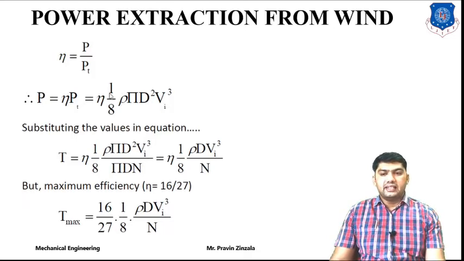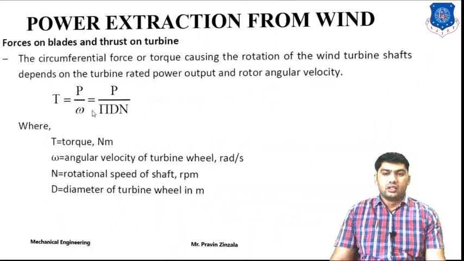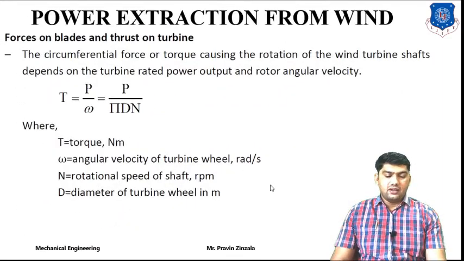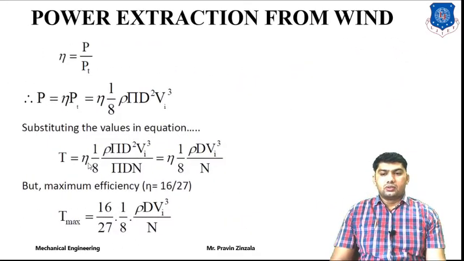So we will get the total power equation is equal to 1/8 rho pi d square V cube. In this equation, torque is equal to power by angular velocity. We will get the answer.